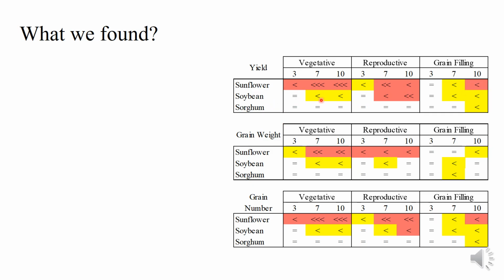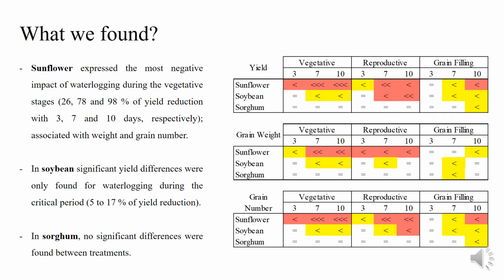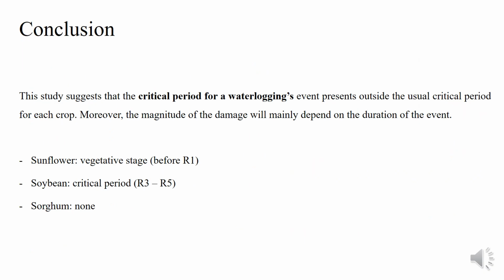For soybean, on the contrary, we found that only during the reproductive stage did we find some reduction of yield. And finally, for sorghum, we didn't find any responses. With this information, we have concluded that the critical period for a waterlogging event isn't the same in every crop.